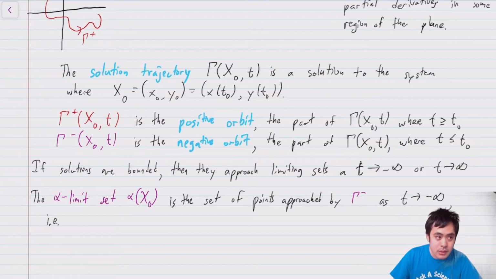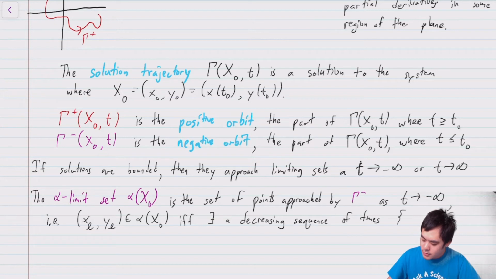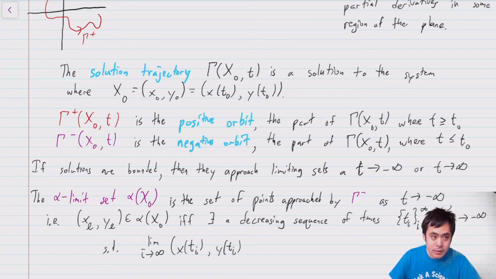And more precisely, a point x L, y L is in the alpha limit set, alpha of x naught, if and only if there exists a decreasing sequence of times t i, from i equals 1 to infinity, where t i approaches minus infinity, such that the limit as i goes to infinity of x of t i, y of t i is equal to x L, y L.